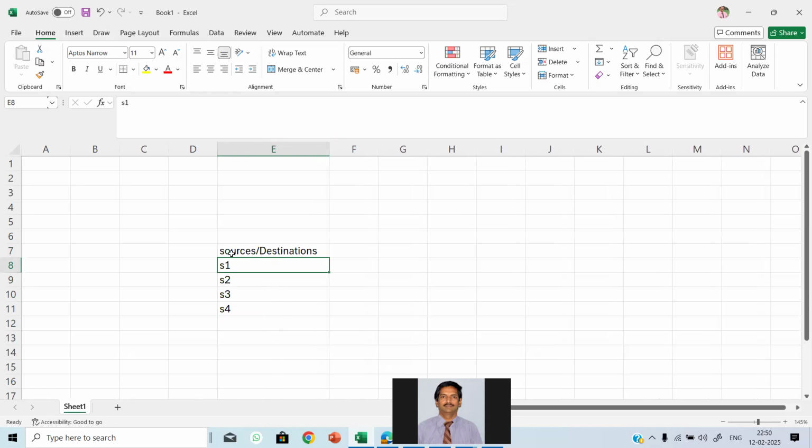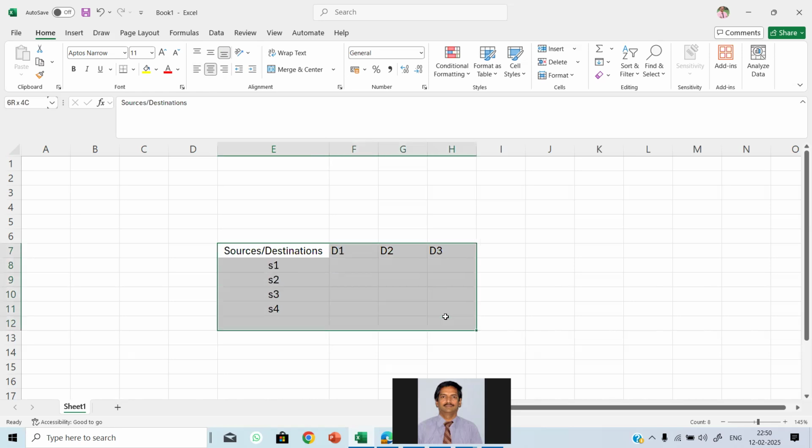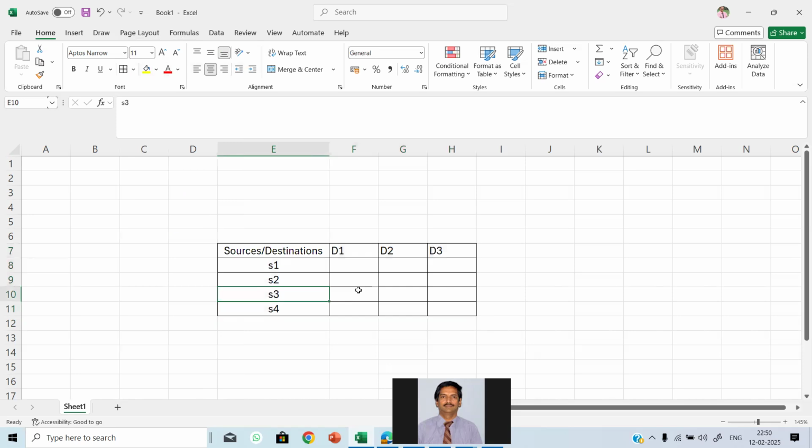So on vertical, I'm taking sources. And here I'm taking the destinations D1, D2, D3. Okay, got it? So all this is forming a table.